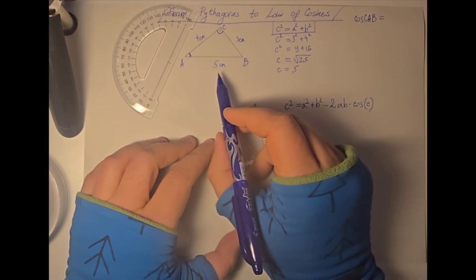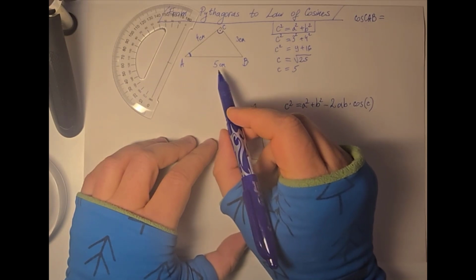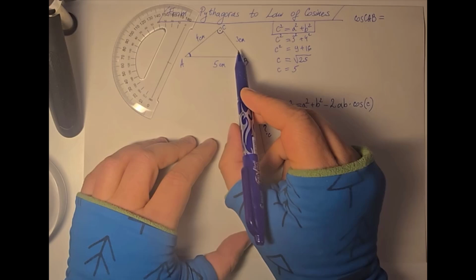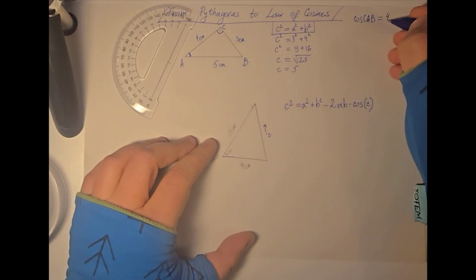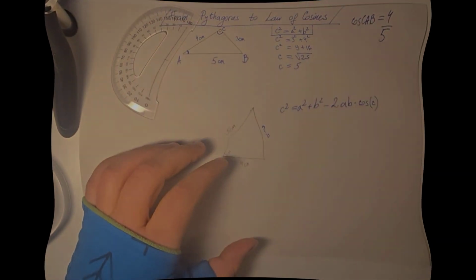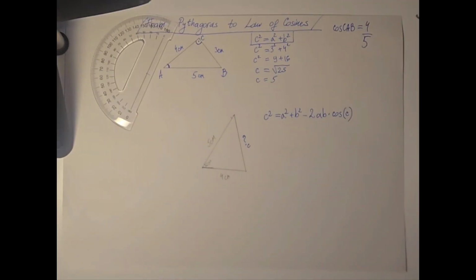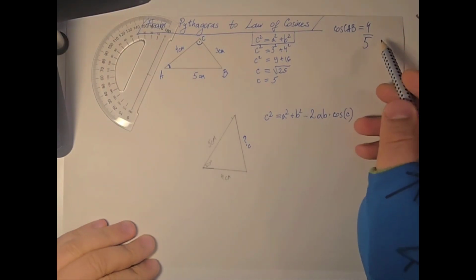This, the cosine, yep. It should be this one. 4/5, exactly. So 4/5 sounds great, but 4/5 is only the cosine.